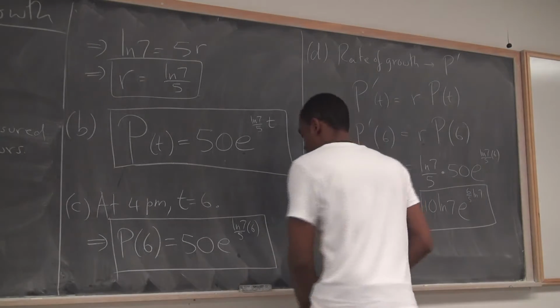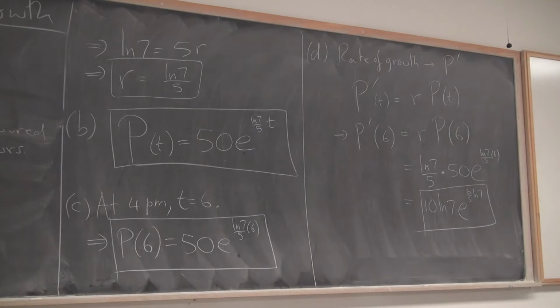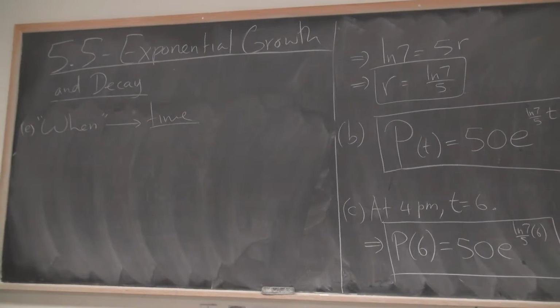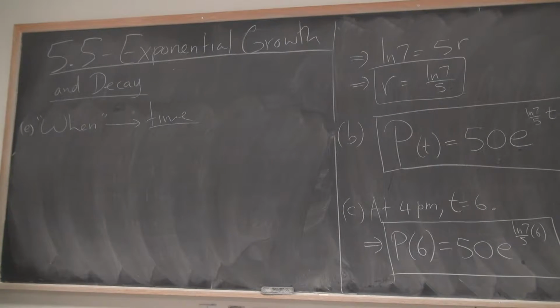When will the population reach 1500? So when you see the word when, it means they're asking for what? Time. So I want the time when the population will reach 1500.